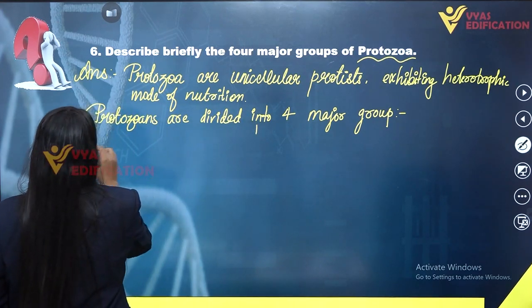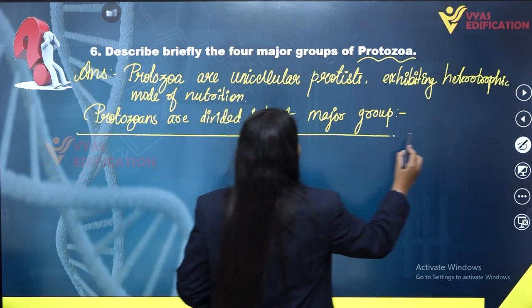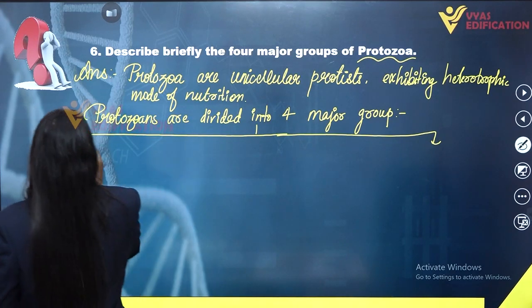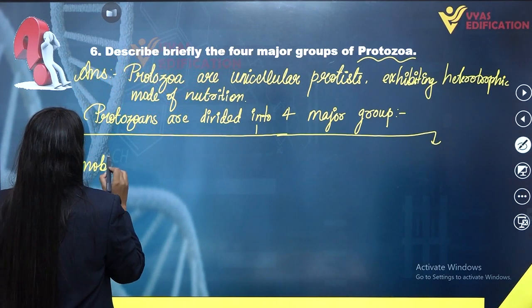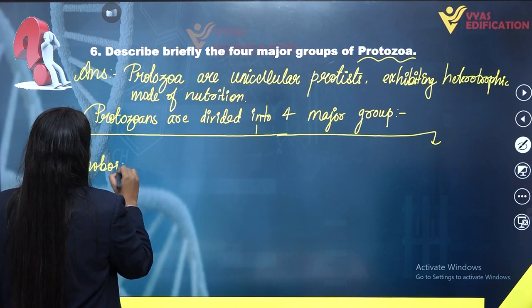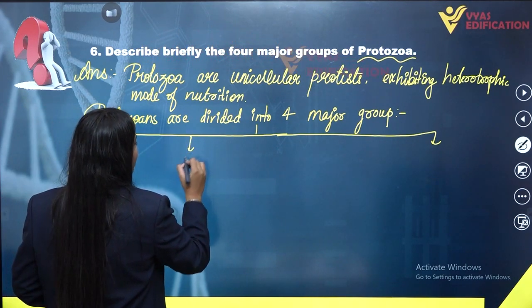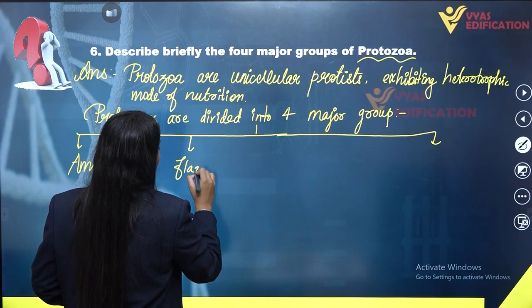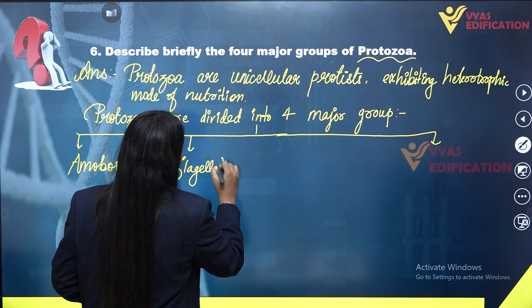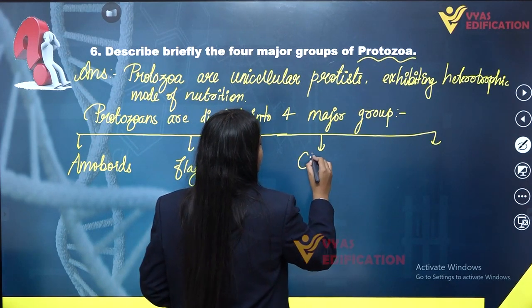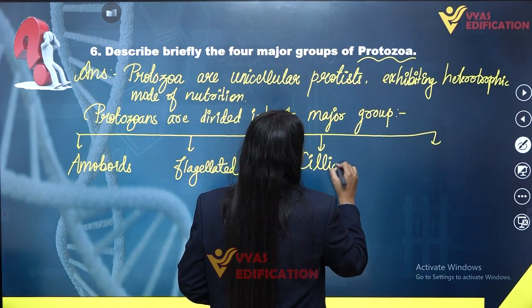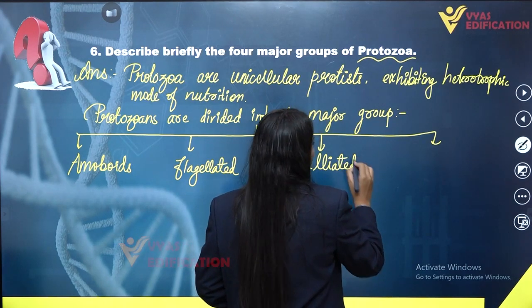These are amoeboids. Second one is flagellated protozoans. Third is ciliated protozoans. And the last one we have is sporozoans.